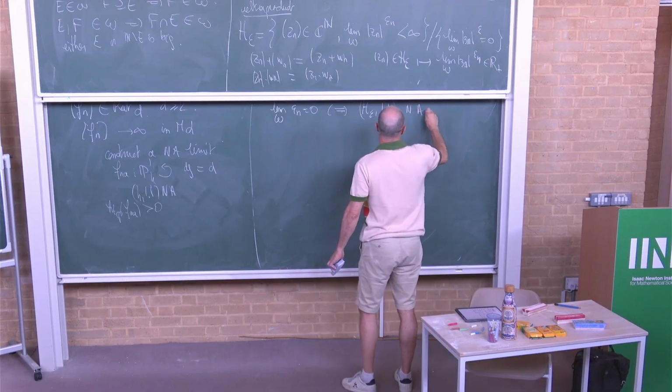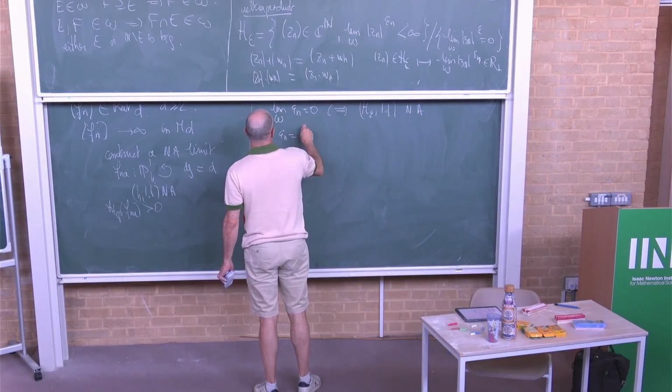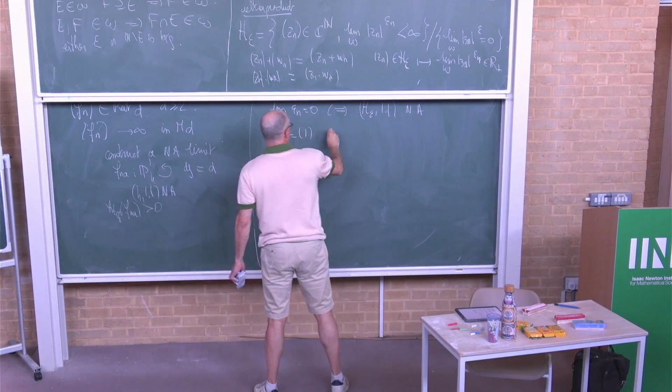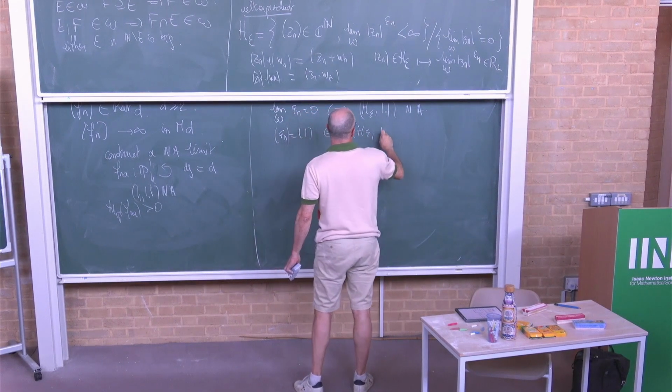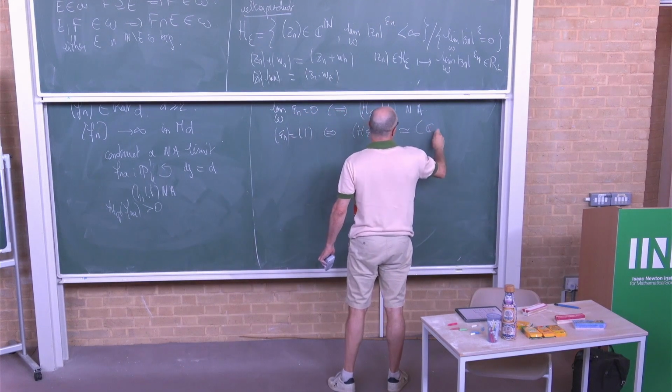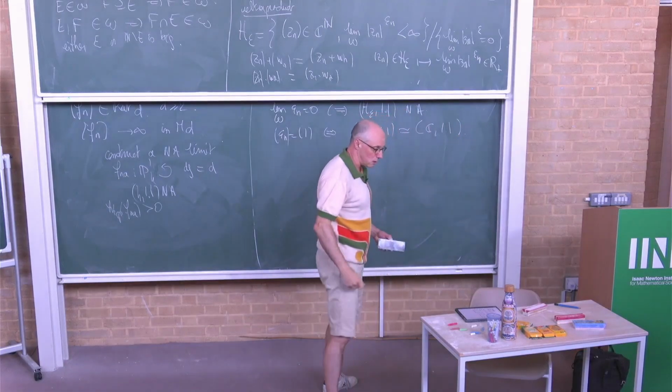And when epsilon_n is, let's say, the constant function, then you can check that H epsilon is in fact isometric to C with the standard norm.